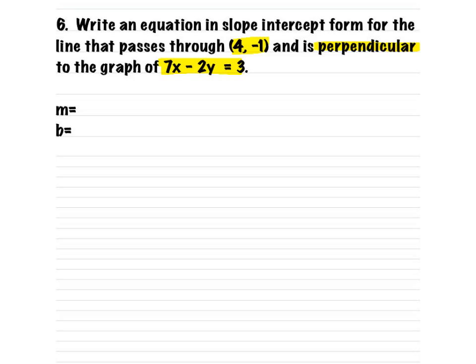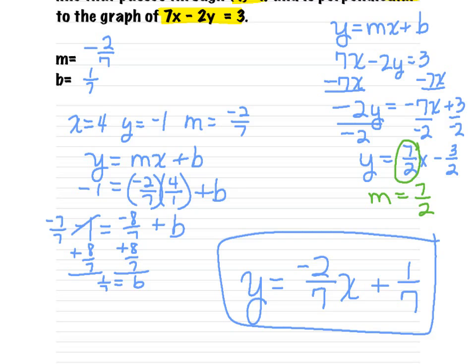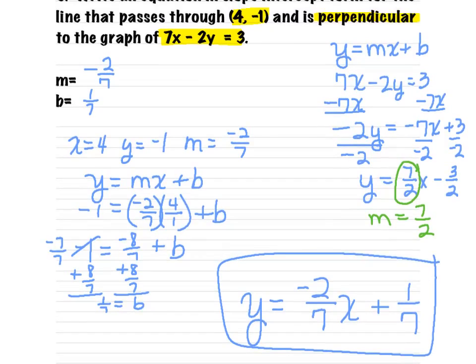Try this one. Come on back and check to see if you were able to write the equation. Please check your work. Your equation should read y equals -2/7 x plus 1/7. These two lines are perpendicular to each other. Okay?